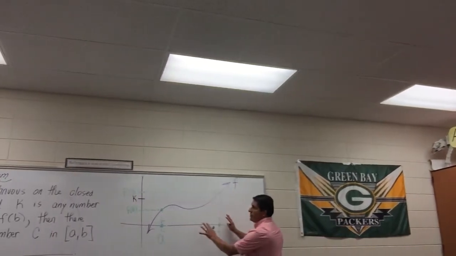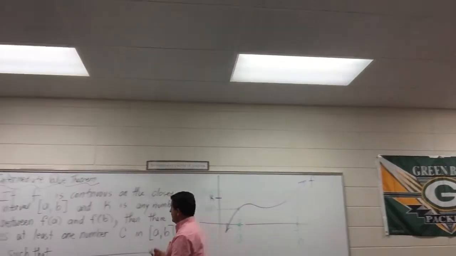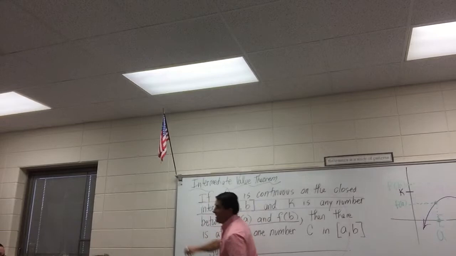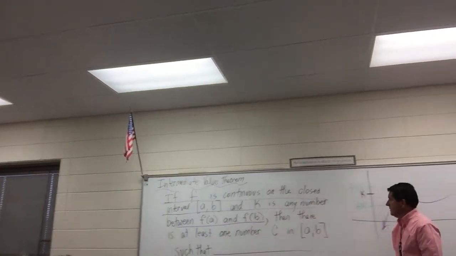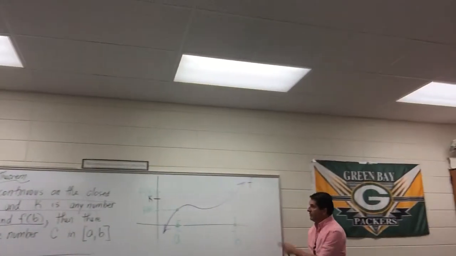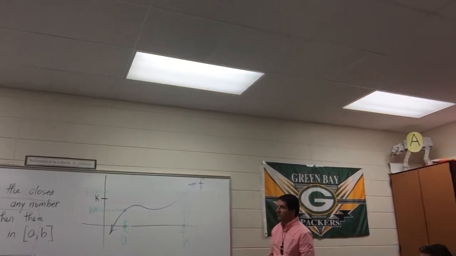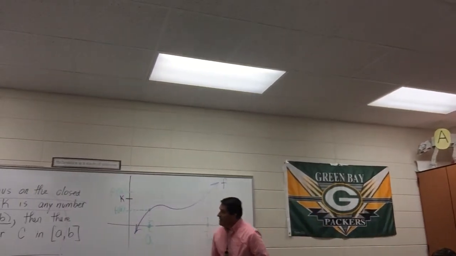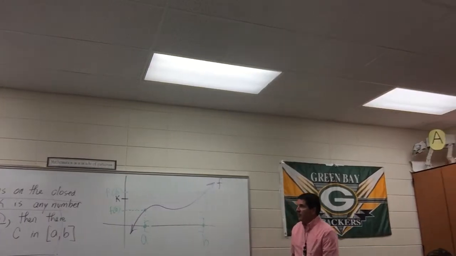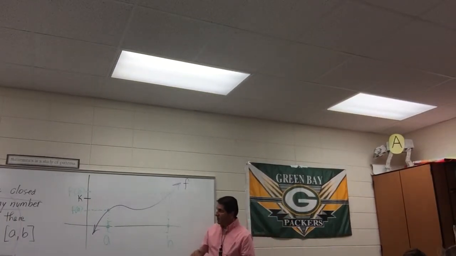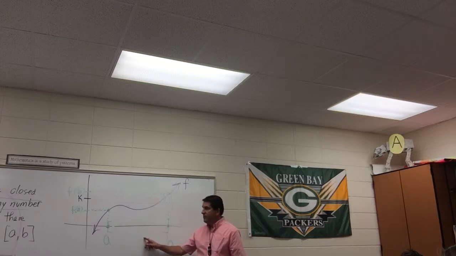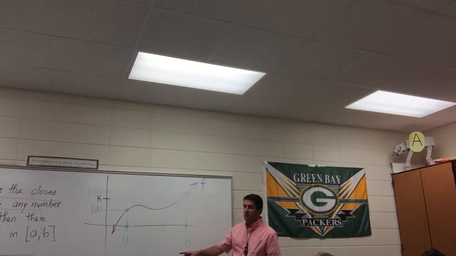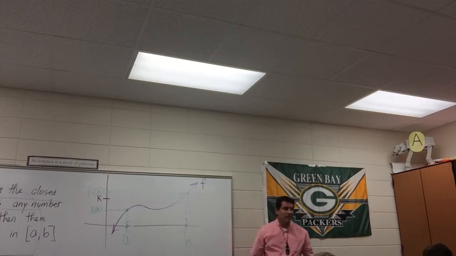So this picture matches everything that I've underlined. That's what that means in picture form, and that's the skill you're going to have to develop. Then there is at least one number called c, in the interval from a to b, such that... Kendra?